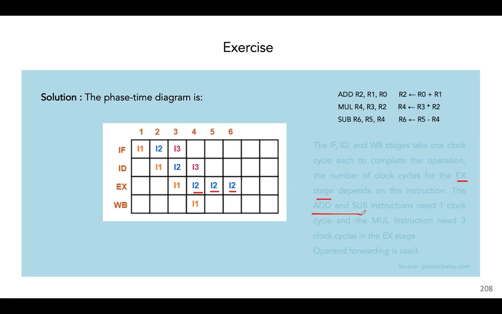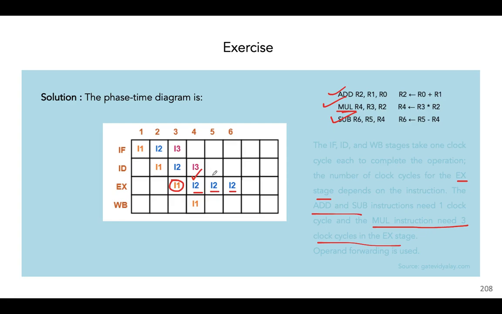For add and subtract instructions, the EX stage requires 1 clock cycle. So EX required 1 clock cycle for addition. It will require 1 clock cycle for subtraction when the turn for subtraction comes. But right now we are talking about multiplication, and multiplication requires 3 clock cycles for the EX stage.